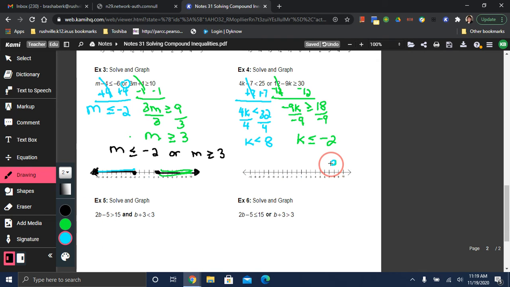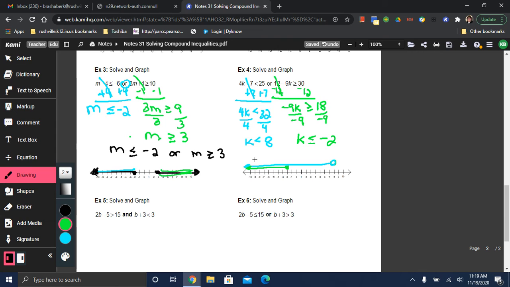An open circle on the 8, less than would go in the direction of 0. Okay? And then k is less than or equal to negative 2. So that would be a solid dot for the negative 2. Less than or equal to would actually still go in this direction.